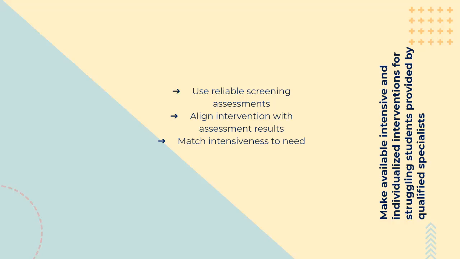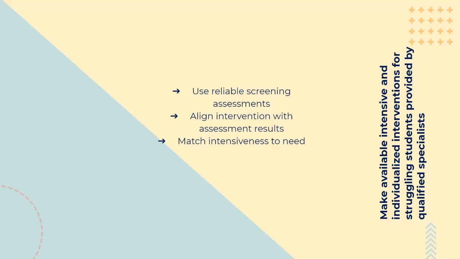Then you want to think about, once you have those screeners and the needs are established through that screening, what specific gaps are being identified, then you align your interventions and assessments with those results. And the last thing is you want to match the intensiveness to the need. So if you have students that have some gaps, we really don't want to be too intensive in our intervention strategies beyond the need, because what we might do is frustrate them, and we actually might keep them from being able to develop the language comprehension skills, right?